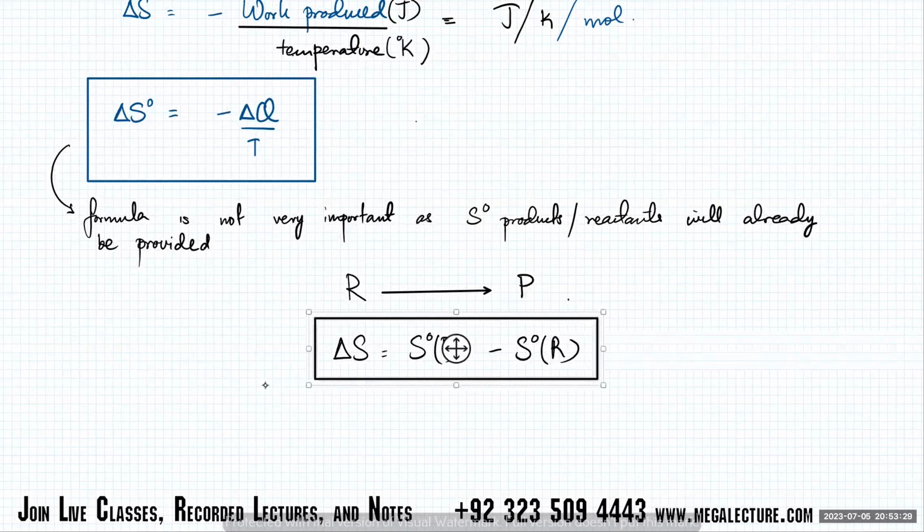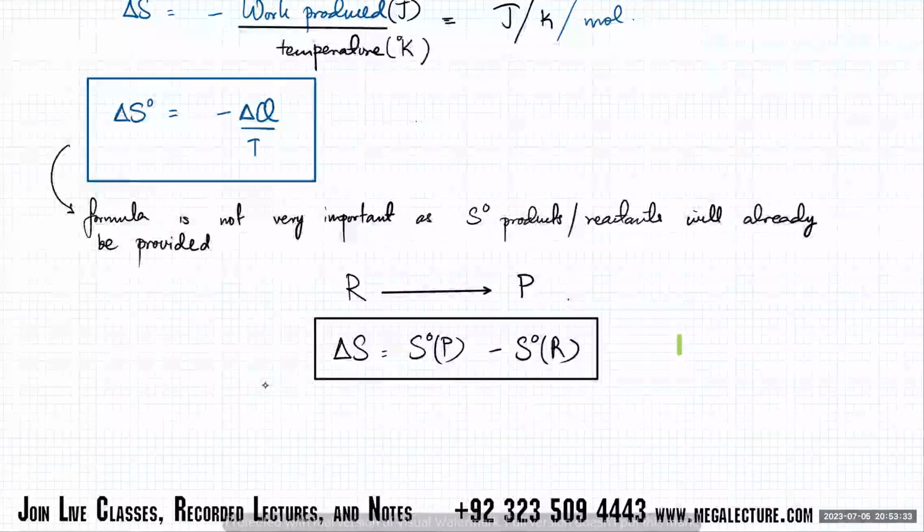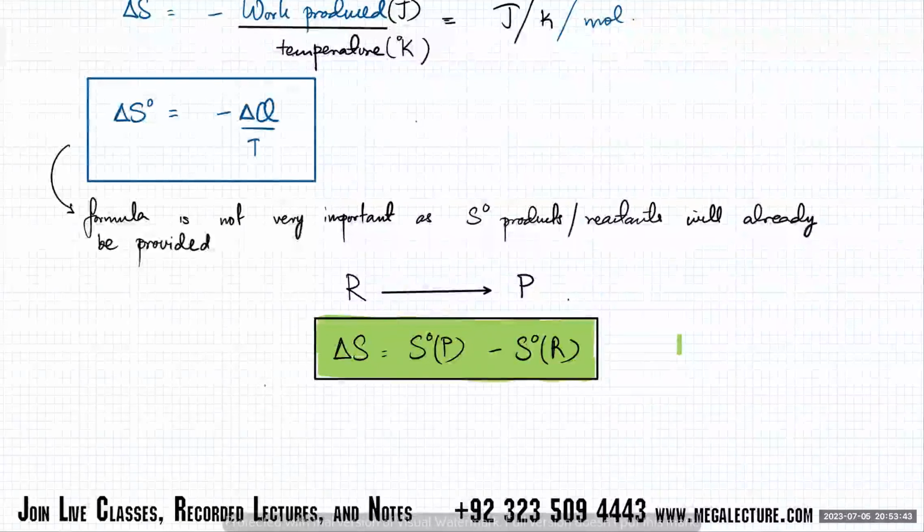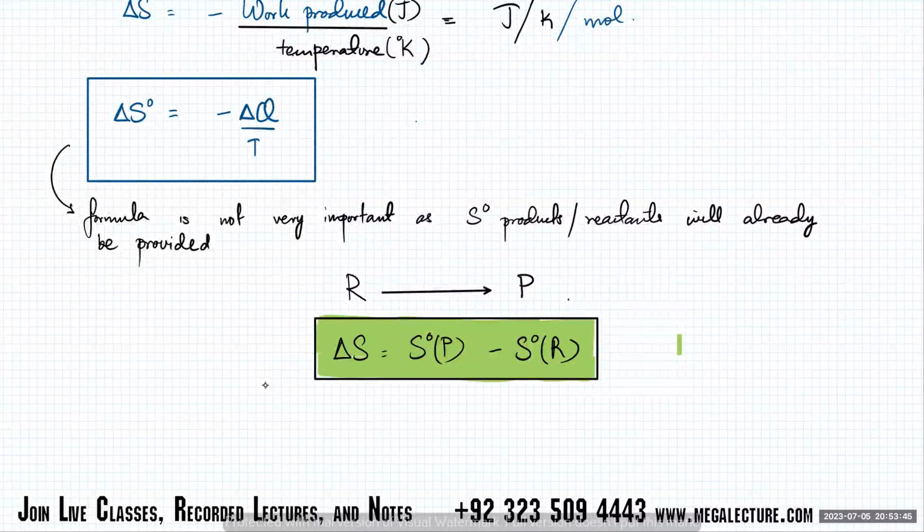This is the formula that's more useful, so we're going to be a lot more interested in this formula. Is this clear? You've got products, you've got reactants, you just calculate the difference, and that's your entropy change. Is this clear? Yes, sir. Yes.